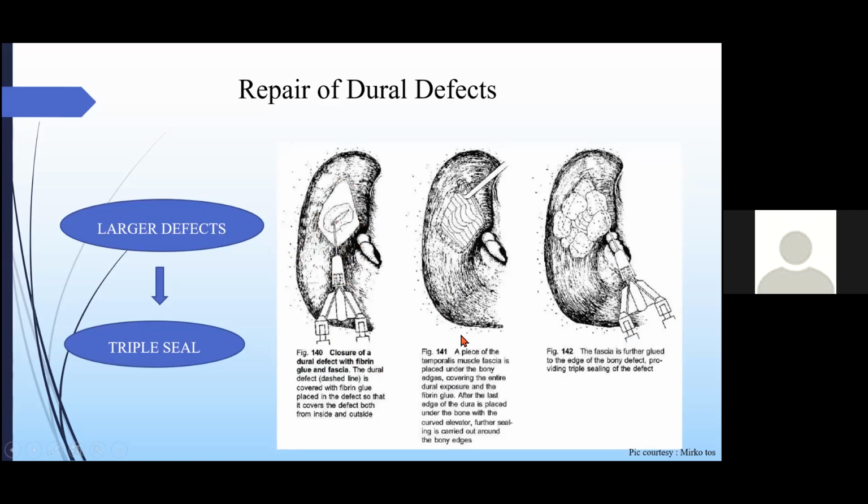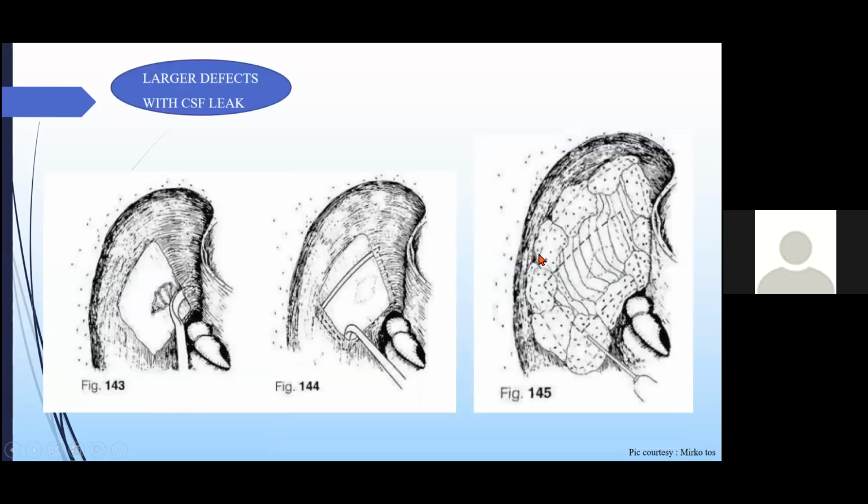The harvested temporalis fascia is then tucked on the surface beneath the edges of this exposed bony defect. After tucking this, with the fibrin glue beneath it, the third layer, again fibrin glue, is placed on top. So this three-layered closure is significant enough to not cause any future problems.